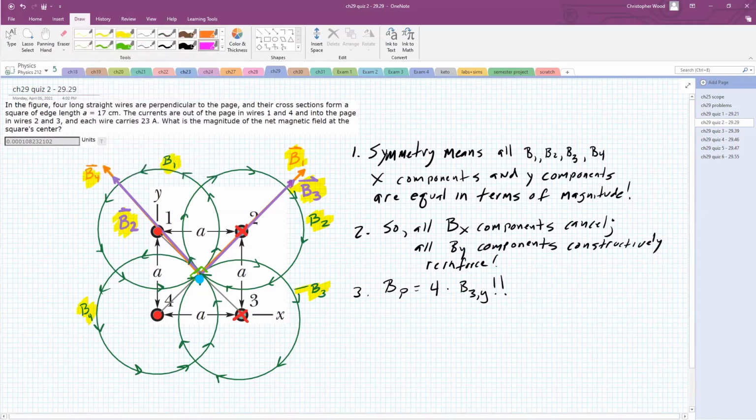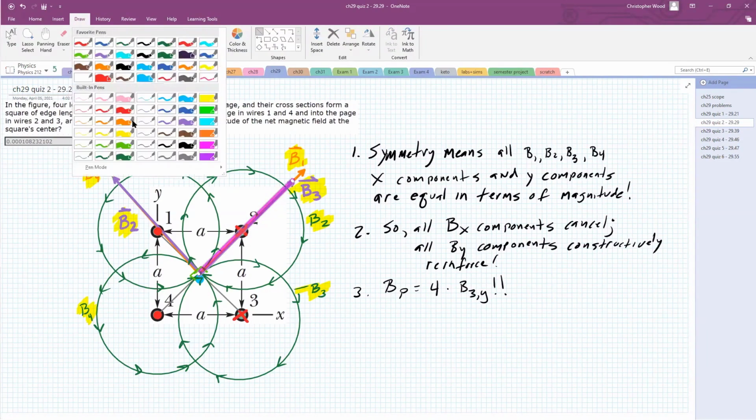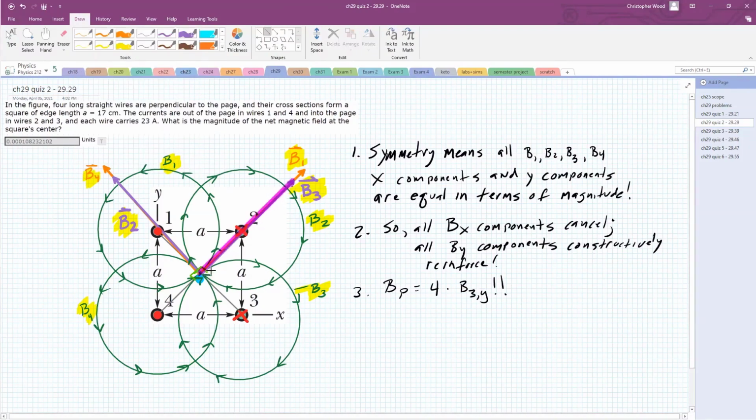If it's right, I'm going to take this B3 vector right here and look at its Y component. Looking like this, this would be B3, the X component, and this would be B3, the Y component.